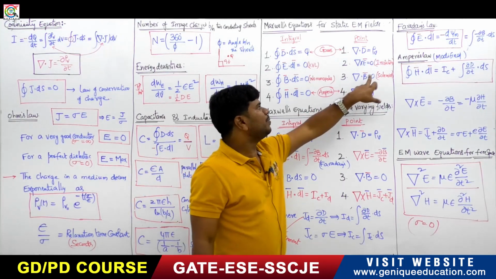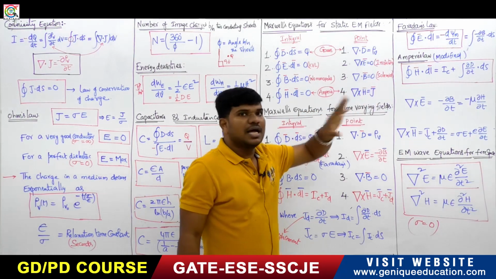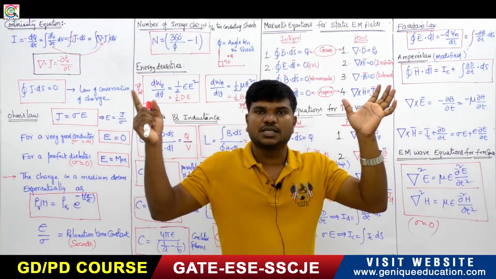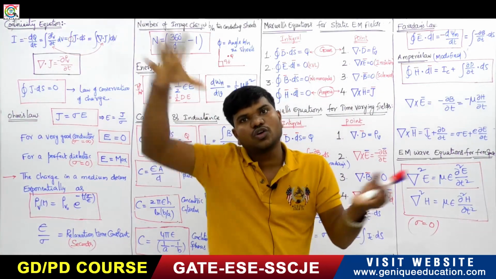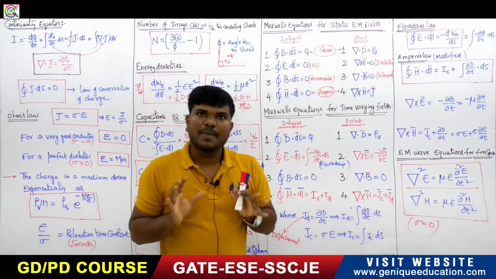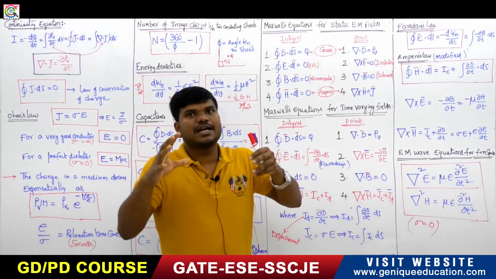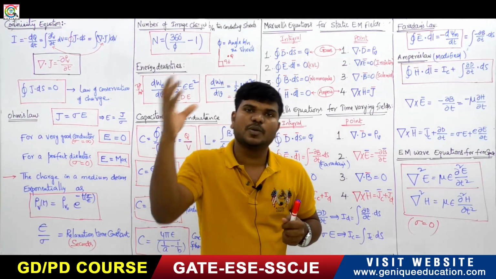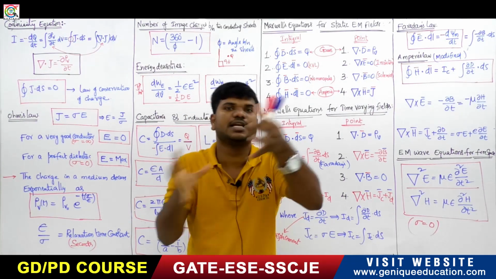So del dot B is equal to 0. What does del dot B equal to 0 mean? The magnetic flux lines will never form straight lines. Divergence exists for outward fields, radially outward fields. The divergence of any vector will exist for fields which are outward in nature.